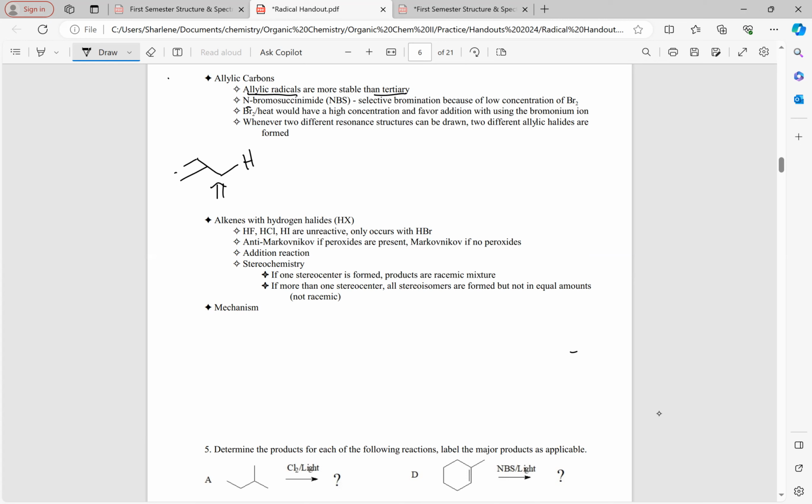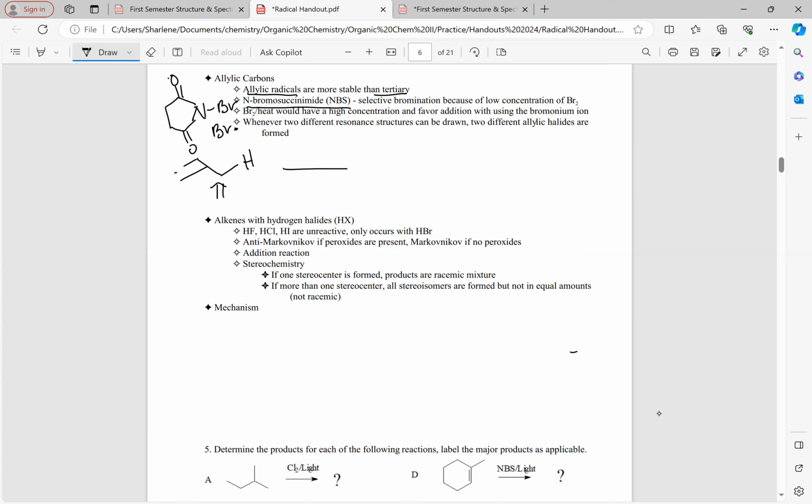So we need somebody that is going to give us just enough bromine to react, but not so much that it's going to go crazy on us. And that molecule is called NBS. So basically, when you see NBS, of course you have to have light or heat or something, but you're seeing a bromine radical.